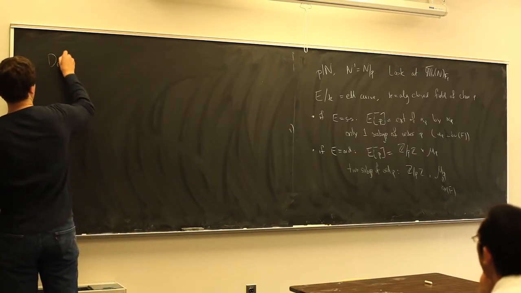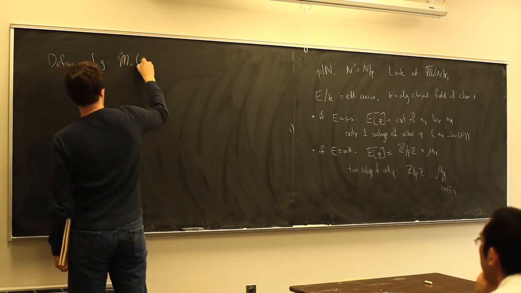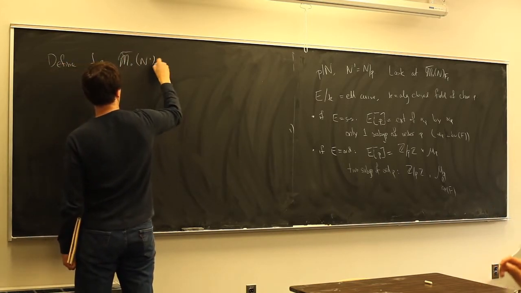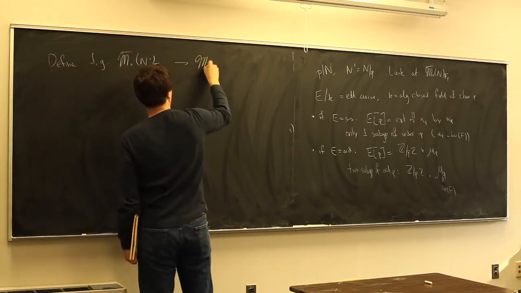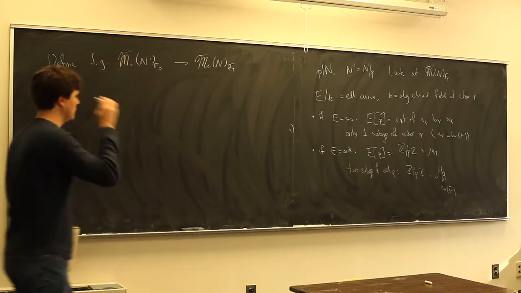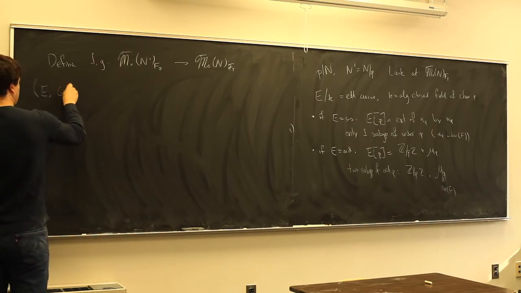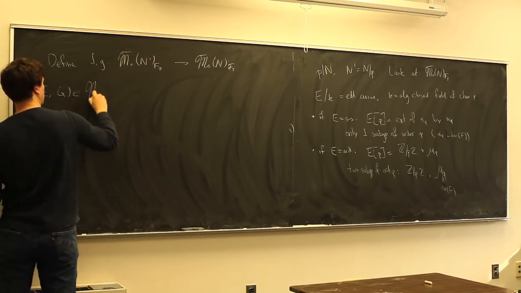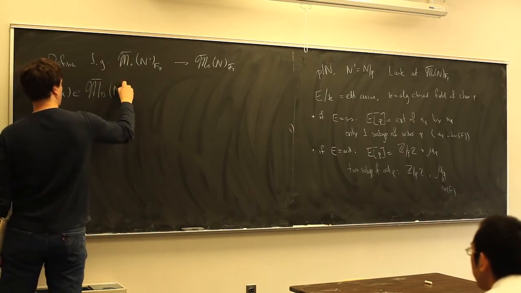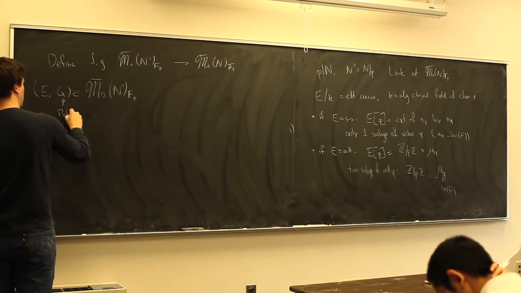So I'm going to define maps f and g from M_0(n prime) bar over F_p to M_0(n) bar over F_p. So it's going to work as follows. So suppose that we have some (E, G) in here, where this G here is a Gamma_0(n prime) structure.